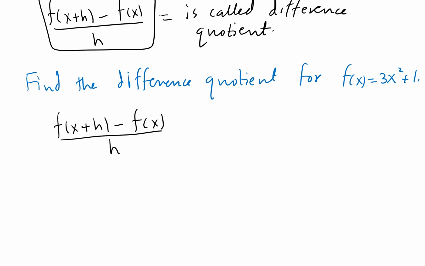One thing to keep in mind, I always put a parenthesis around this function. It helps a lot. F of x plus h, what is f of x plus h? If you want to find it here on the side, you replace x with x plus h.